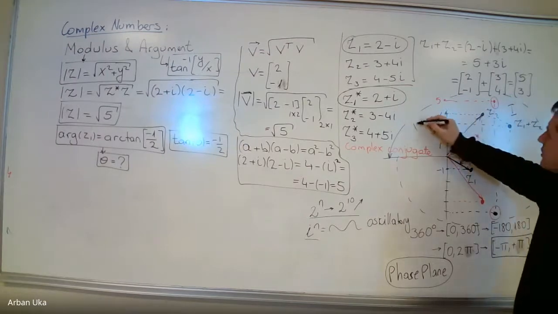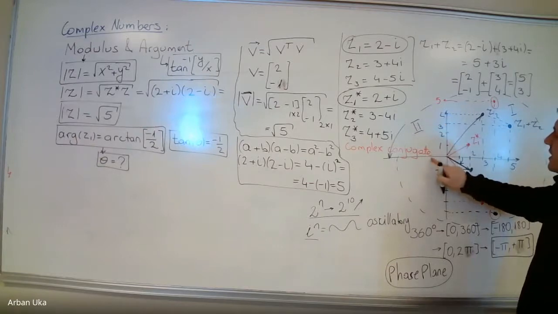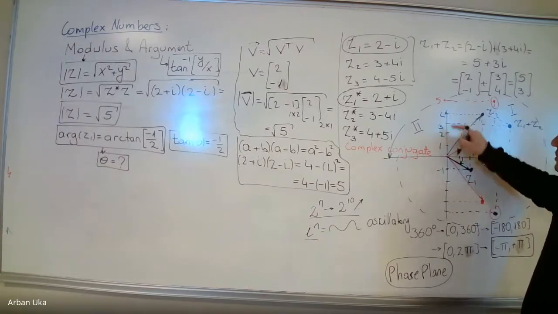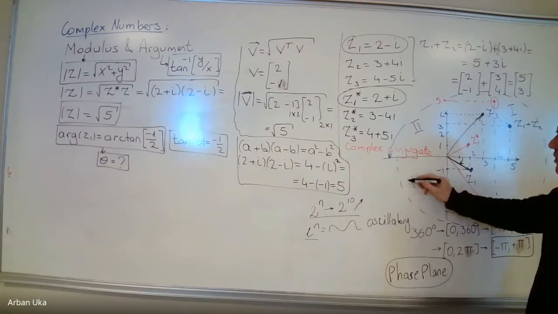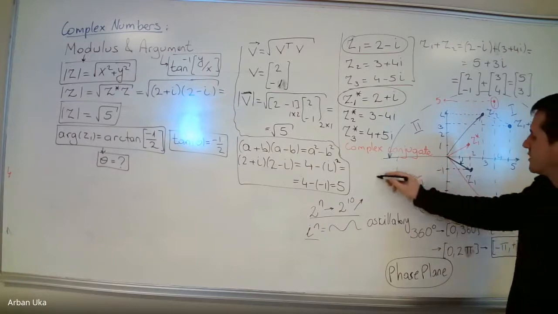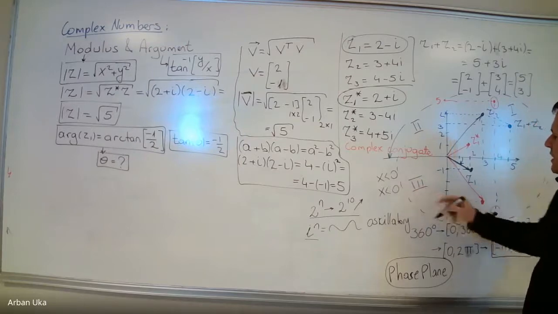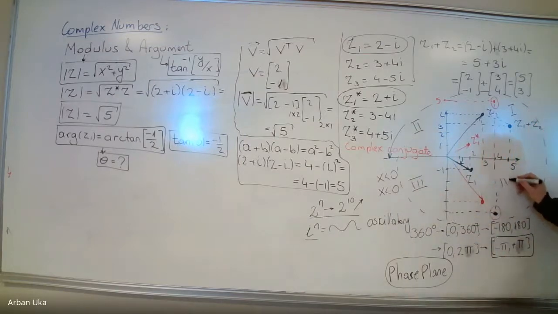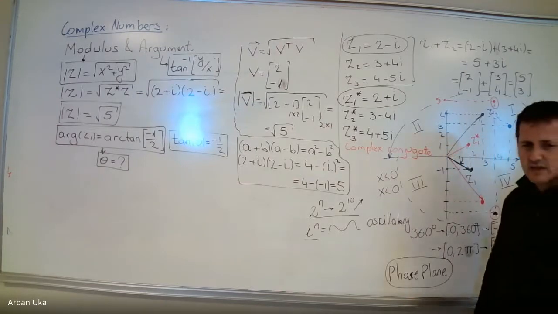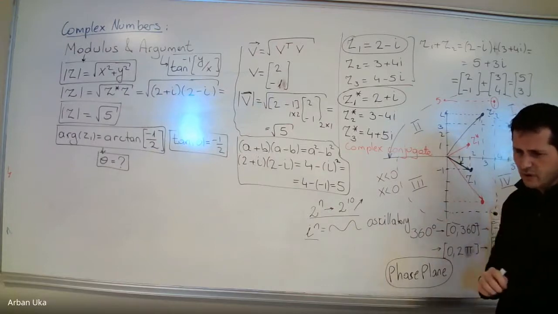This would be the second quadrant, where x is negative, y is positive. This would be our third quadrant, where both x and y are smaller than 0. Here we go to the fourth quadrant, where x is positive, y is negative. So we can quantize the phase space into 4 quadrants.